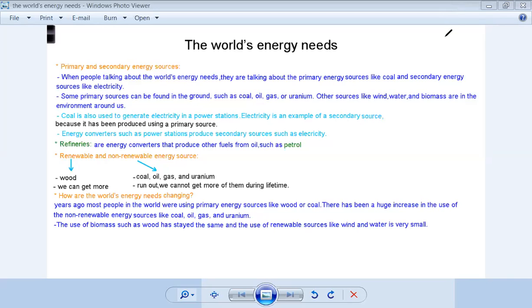What is the refinery? We are using the refinery to extract the useful fuels, gases, from the crude oil. Okay, thank you.